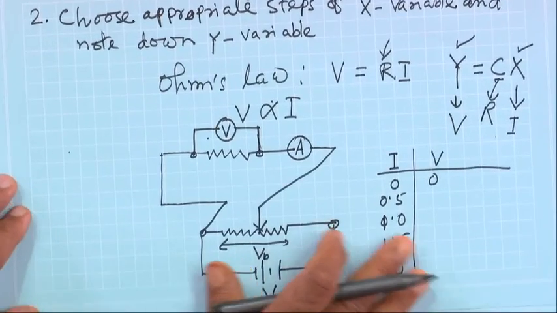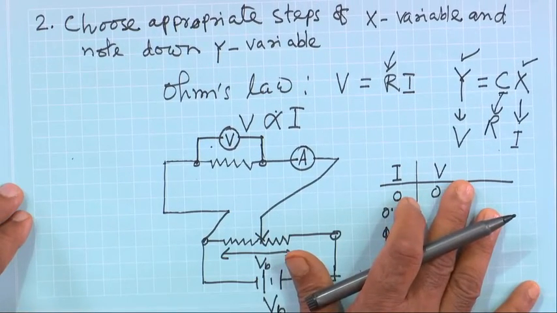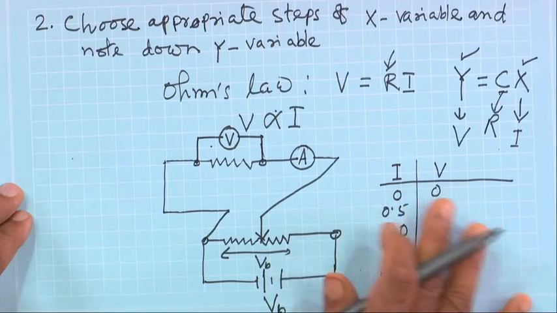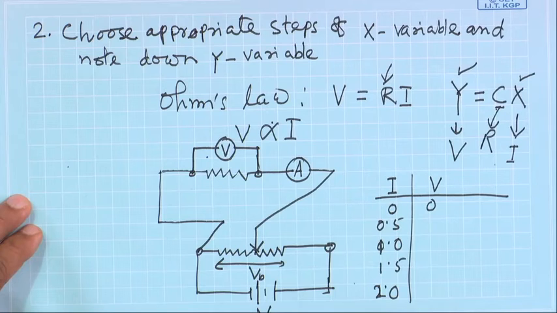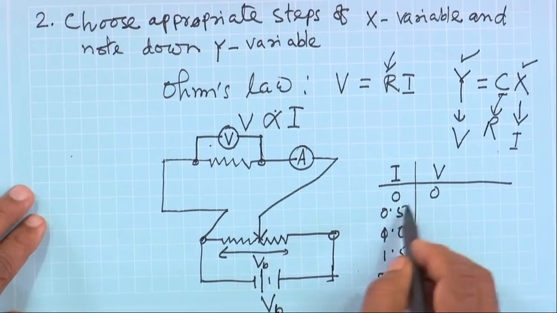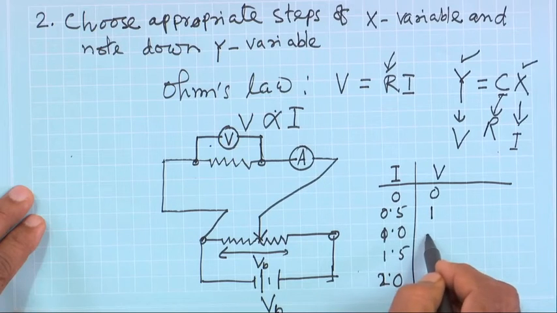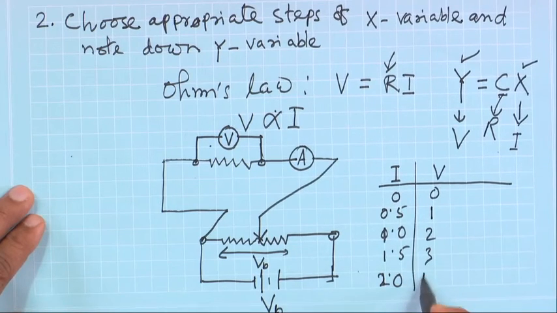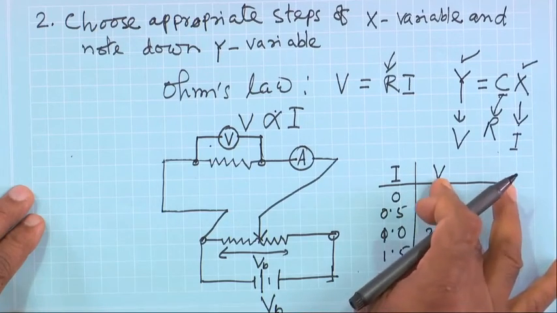That is the way we generally do. We do not bother about what the value of V will be, but we take equal steps in the x variable, and we note down the corresponding voltage, say 1 volt, 2 volt, 3 volt, 4 volt, whatever the reading, because I do not have control over it.